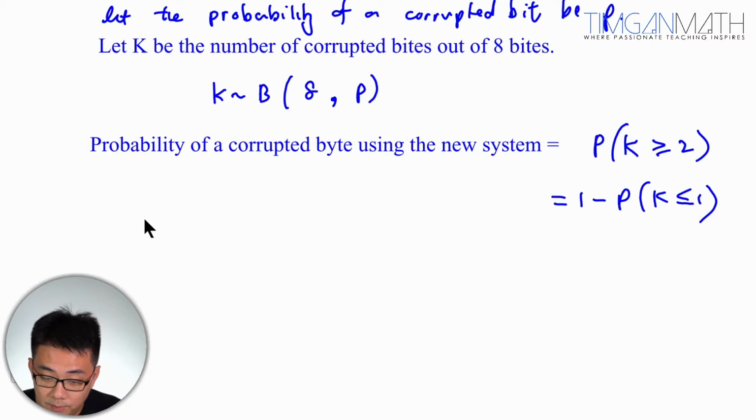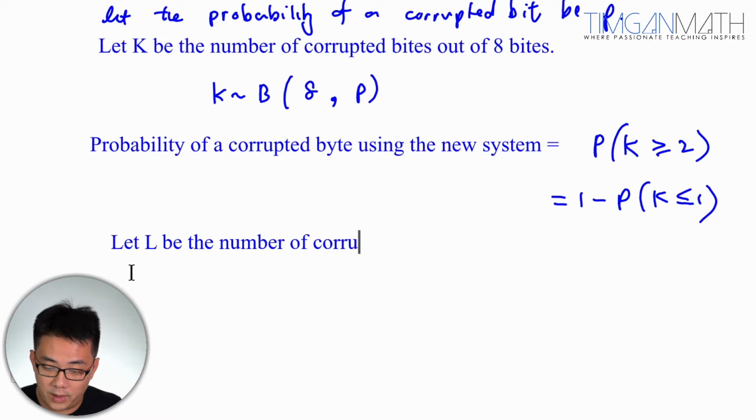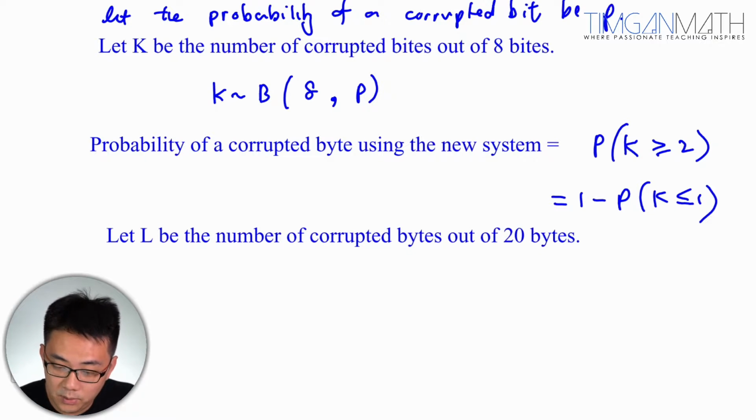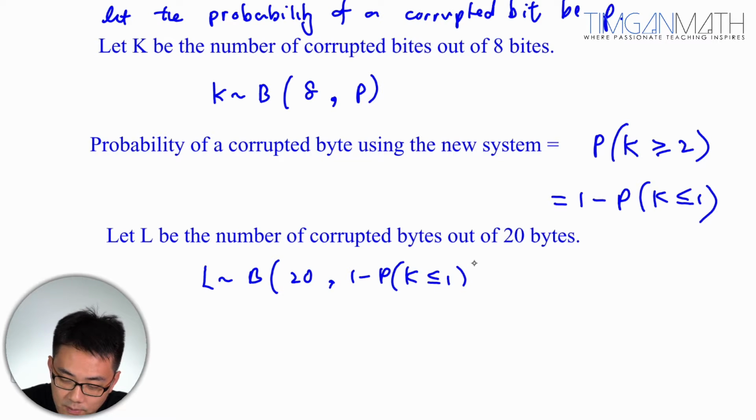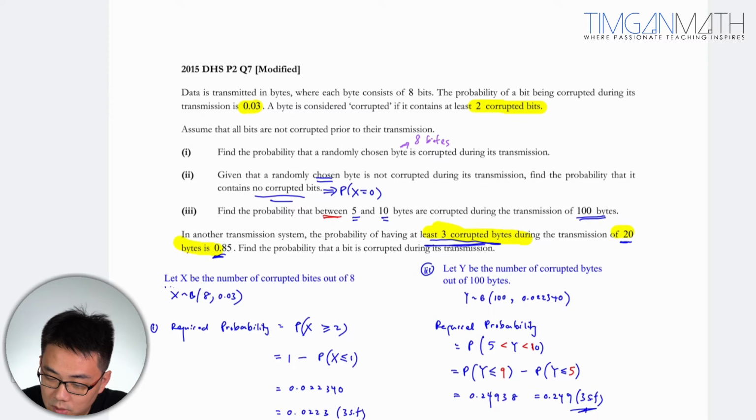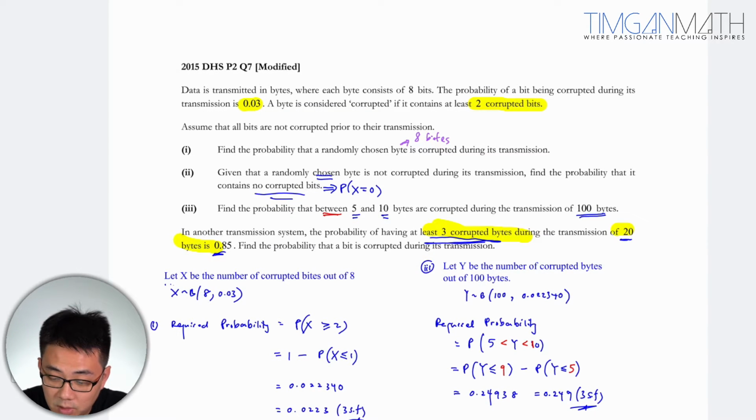So now let L be the number of corrupted bytes out of 20 bytes. Okay, this is the annoying part, because this is like inception, you just keep having more binomial within a binomial. So this will be 1 minus P(k at most 1). Okay, so there you go. So once this is done, find the probability that the bit is corrupted during transmission.